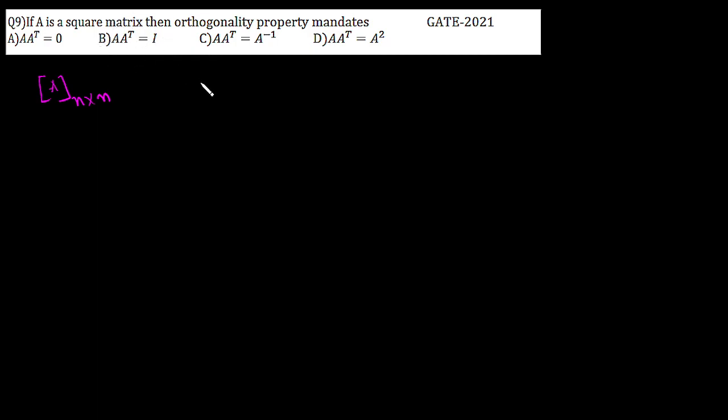If any matrix is orthogonal, then it has a very basic relationship: if I multiply the matrix with its transpose and get the identity matrix as the output, then I can say matrix A is orthogonal.